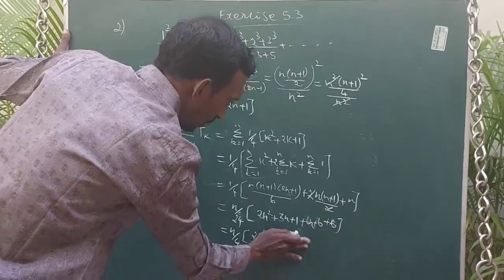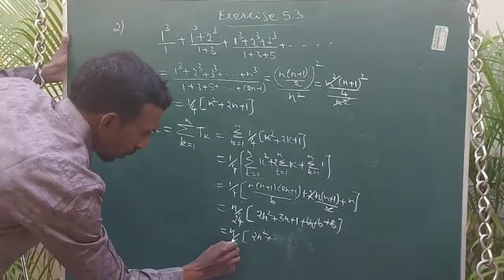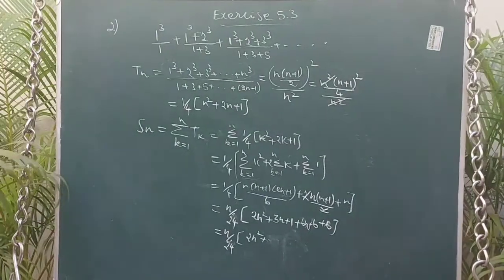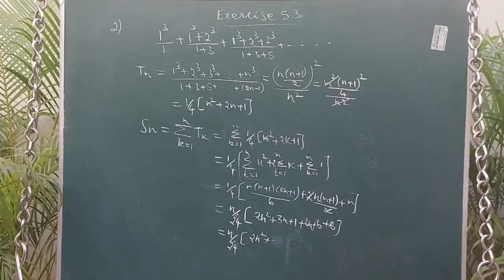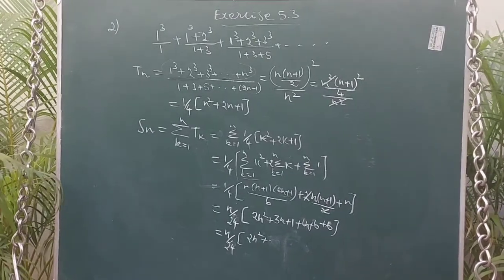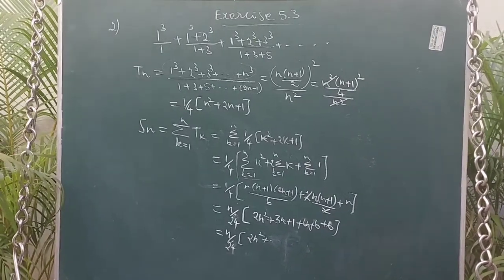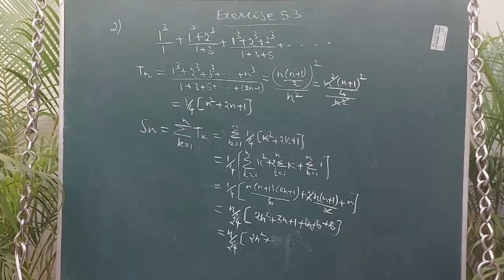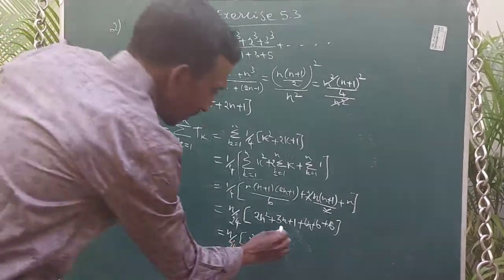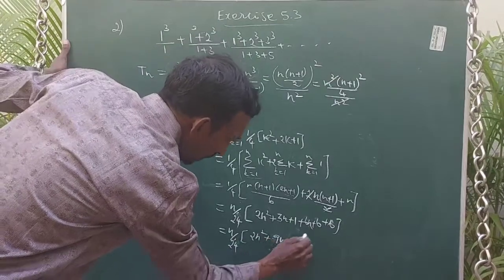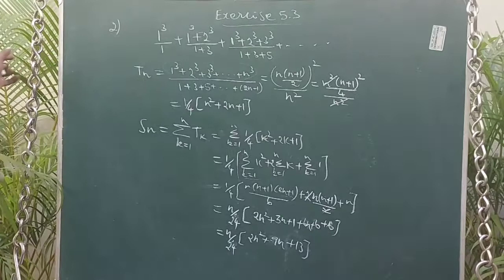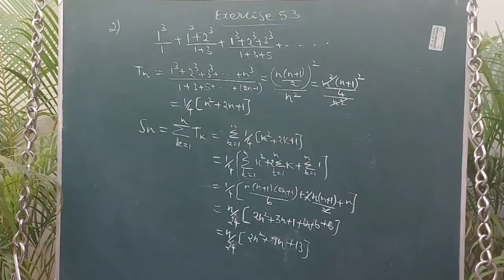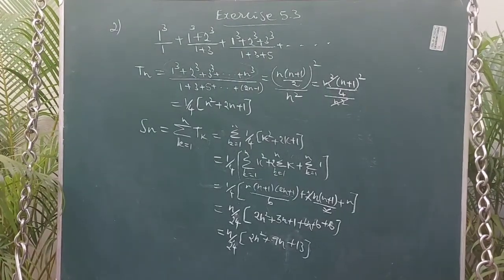So we get n by 24 into 2n square plus, 3 plus 6, 9n, plus 6 plus 6 plus 1, 13. This is the simplification: we get n by 24 into 2n square plus 9n plus 13.